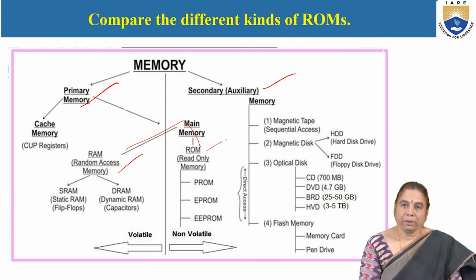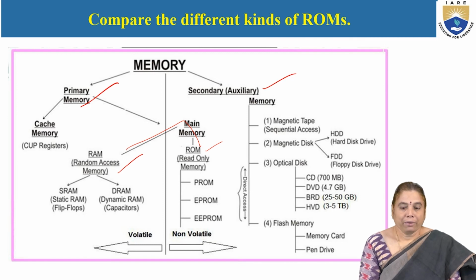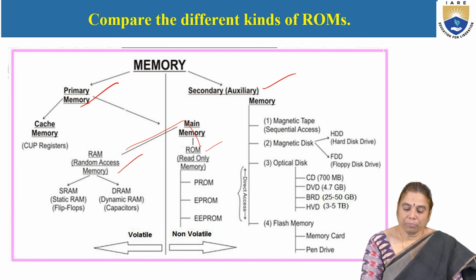ROM is read-only memory. ROM is only used to allow a single operation, the read operation, and it is a non-volatile memory. Whenever power is interrupted or switched off, the content of the memory is not erased. Varieties of ROM are PROM, EPROM and EEPROM.